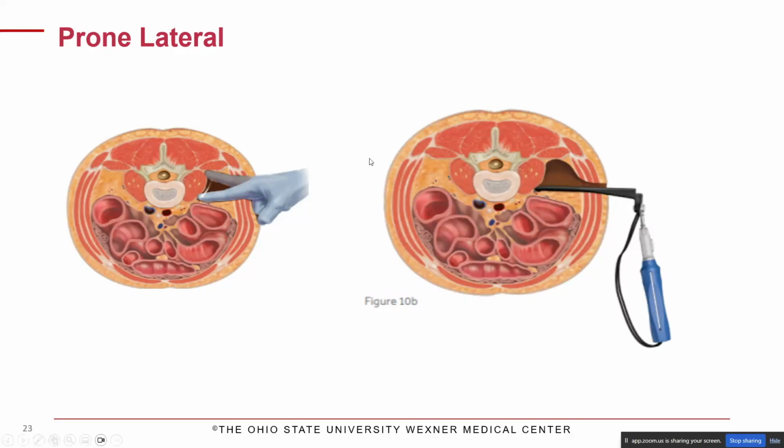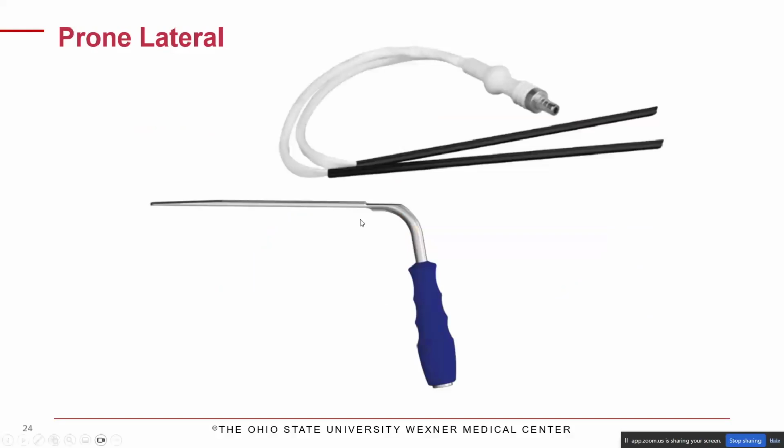And so I use more of the setup on the right, where you actually have a long lighted handheld retractor that I advance and use to retract the peritoneum anteriorly, which usually falls down very, very easily, especially in the prone position. And then I visualize the psoas and then traverse it. So this is just a closer up of that tool that I find critical.